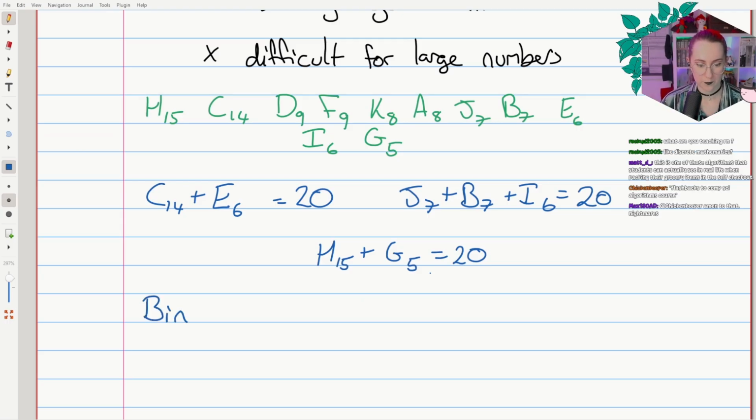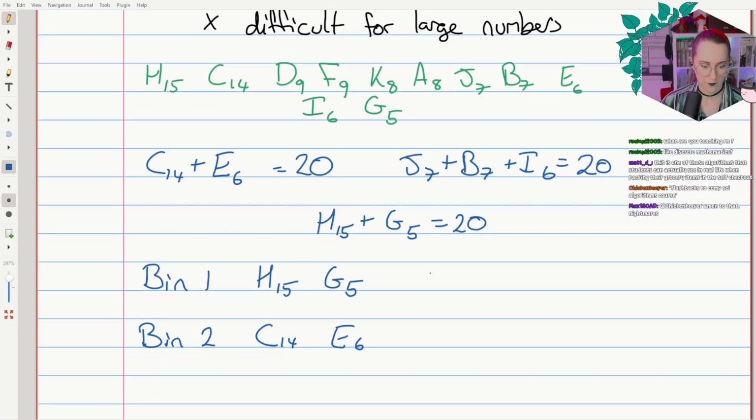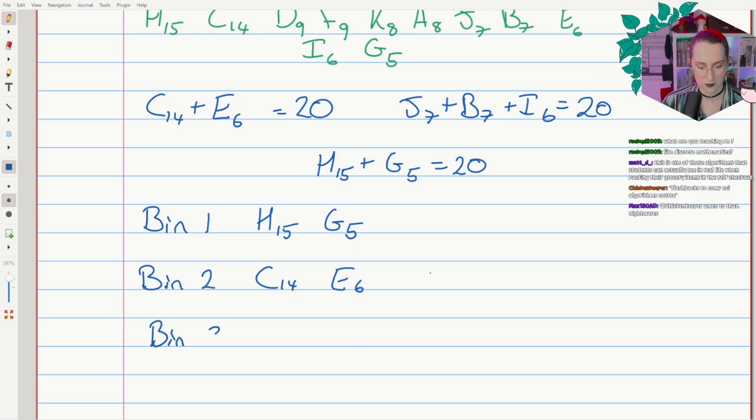But we would do bin 1 is H15, G5. Bin 2 is C14, E6. Bin 3 is J7, B7 and I6. And then bin 4, we would have to just do fit first.